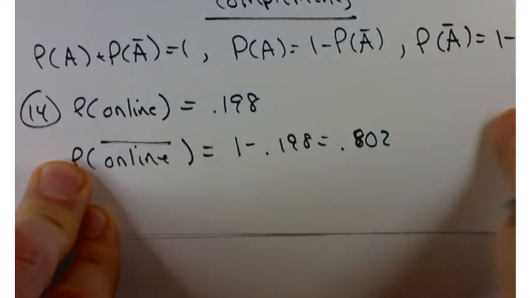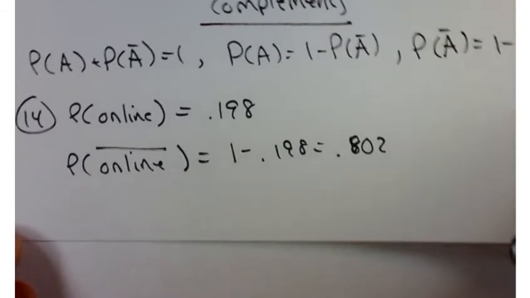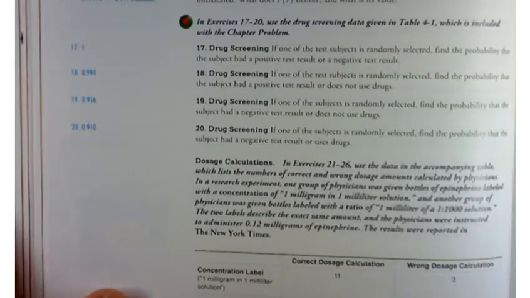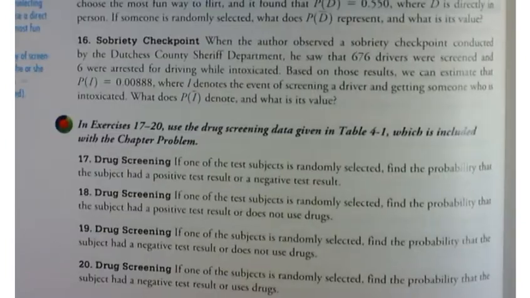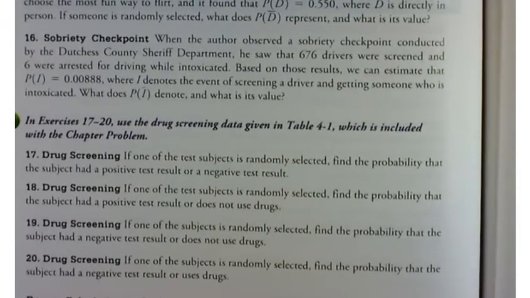Let's try another one to follow up on that one. Problem number 16. This time you're going to have to do some thinking. Got to hand it to the author, he works hard to get some data.